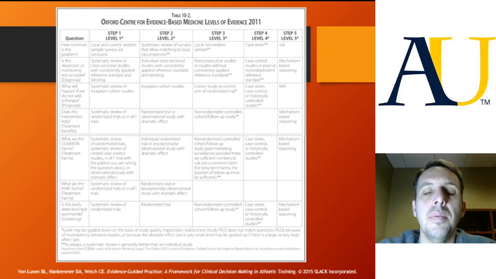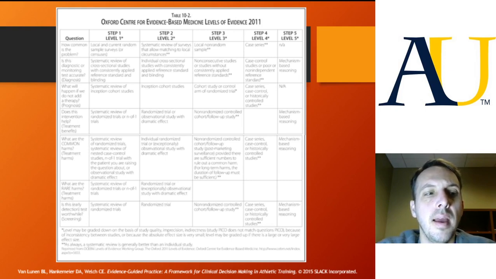So you can see, because we're not trying to determine a causation, there's not going to be a randomization process associated with an etiology type study where we're trying to describe the prevalence with that.